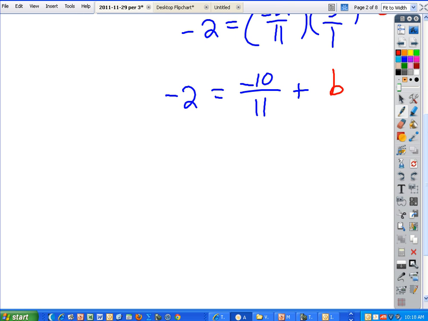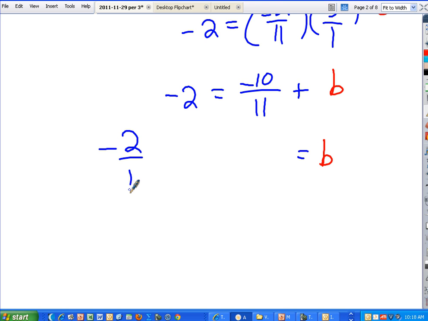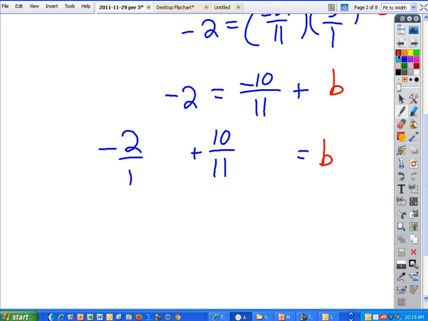Okay, so I end up then with b equals -2/1 plus 10/11s. Now, how do I add up fractions? Common denominator. Good. So what's my common denominator going to be? 11.